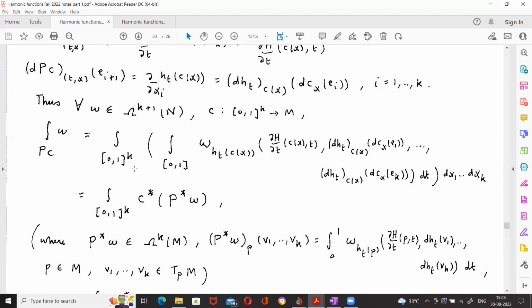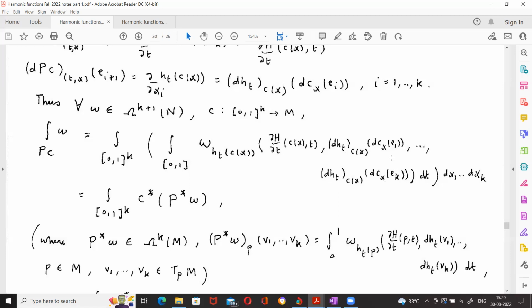So outside I have the integral over 0, 1 to the k. Inside I have the integral over 0, 1. And then I'll have omega of PC of (t, x), that is ht of c x. And then inside I'll have the derivatives of PC. The first one will be del h del t of c x comma t. Then I'll have dht at the point c x of dc x of e1 up to dht of c x, dc x of ek, dt, right?